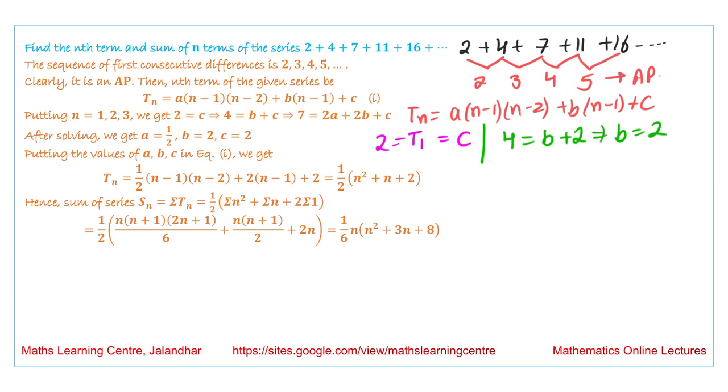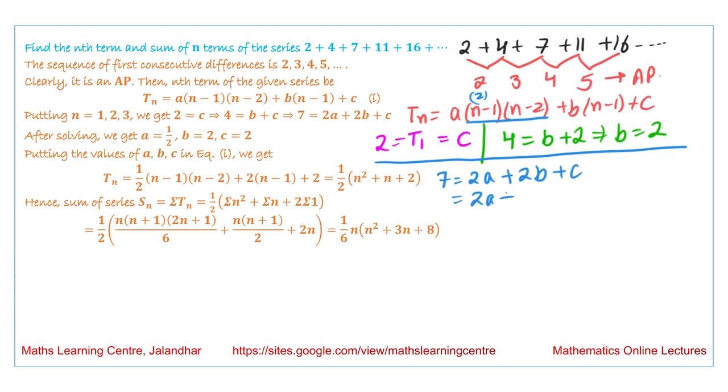And last if we substitute n equal to 3, we obtain 7 equal to 2a plus 2b plus c, that is 2a plus 4 plus 2. So the value of a is equal to 1 by 2. So the general term Tn is 1 by 2 n minus 1 n minus 2 plus 2 times n minus 1 plus 2.